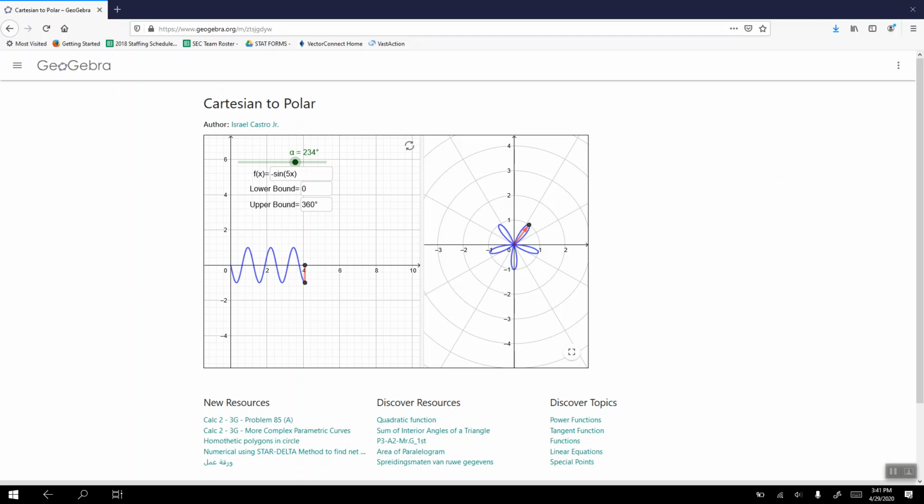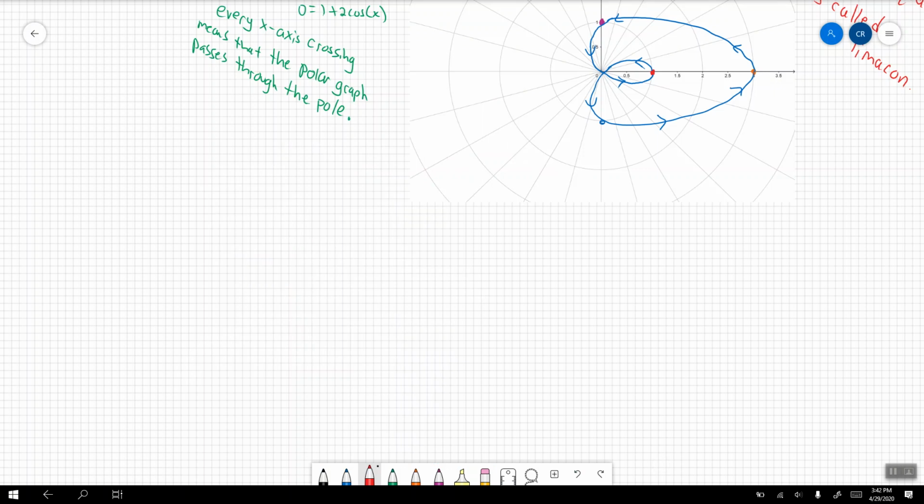Now, let's go back to the class really quick, that way we can start seeing a little bit more as to how we're going to be using calculus with polar coordinates. Here's how we're going to be working with this particular case. Remember what I said before, that anytime we have r, we can call this f of theta.